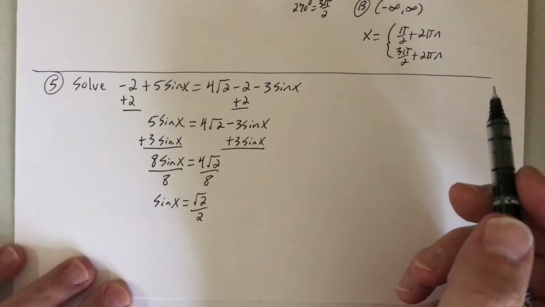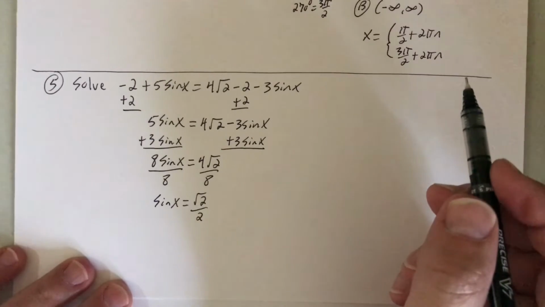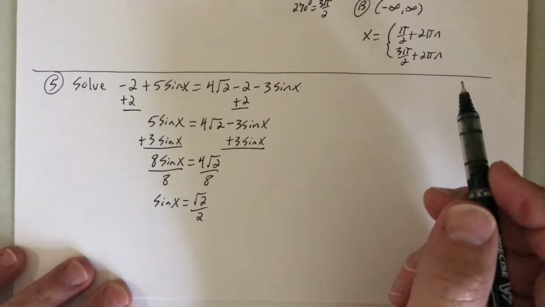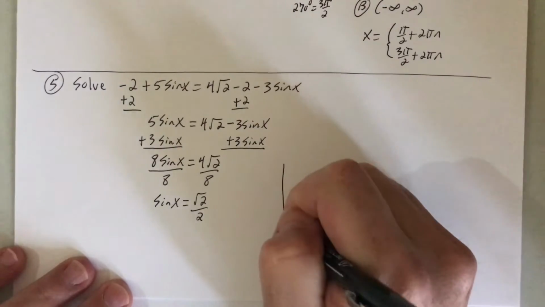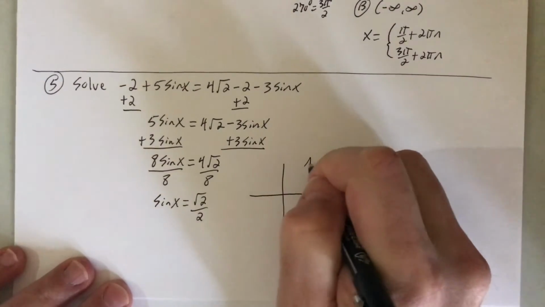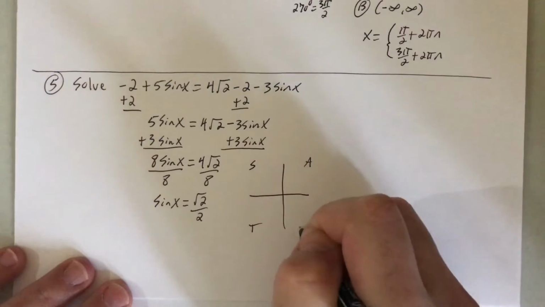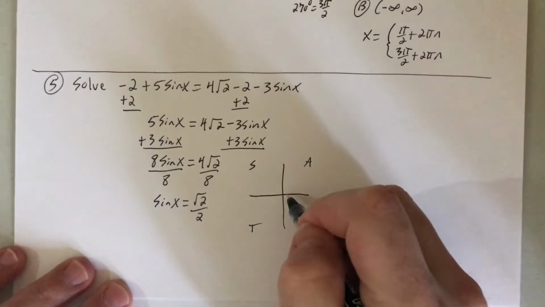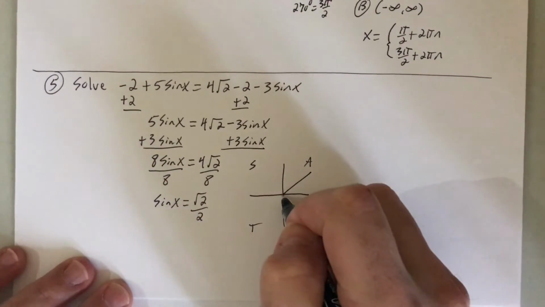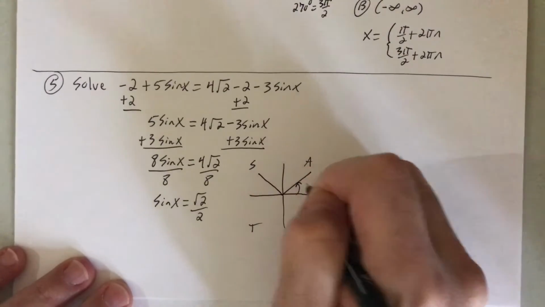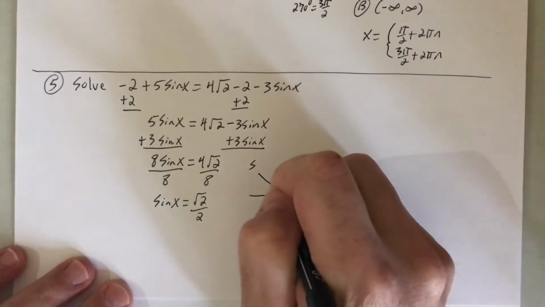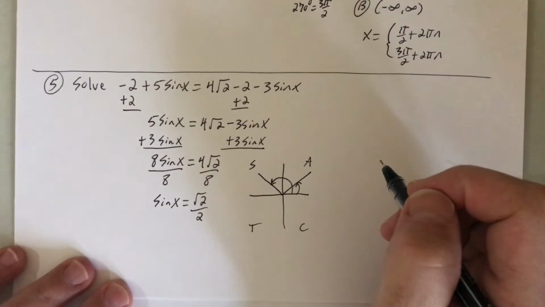Now going back to your unit circle, think about being on the 45s. The ordered pair is the square root of 2 over 2, comma, the square root of 2 over 2. Think about where sine is positive. All students take calculus. So sine is positive here in quadrant 1 and here in quadrant 2. This will be our quadrant 1 answer, and from here to here will be our quadrant 2 answer.